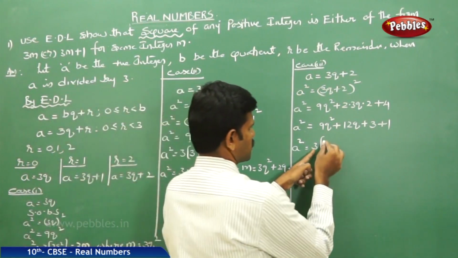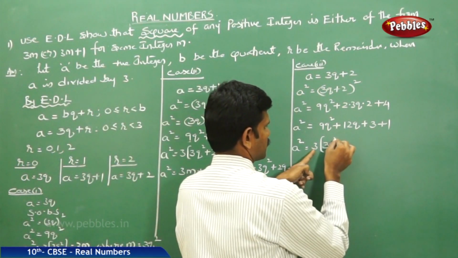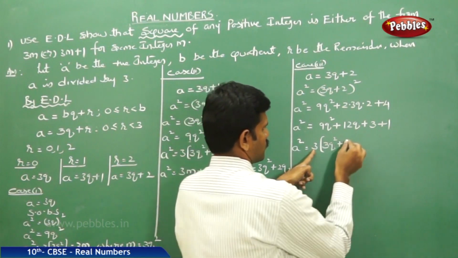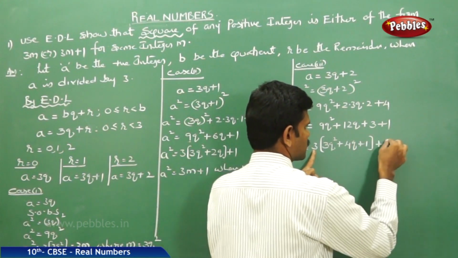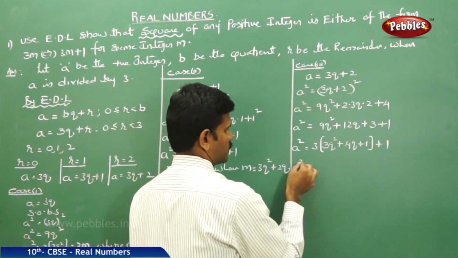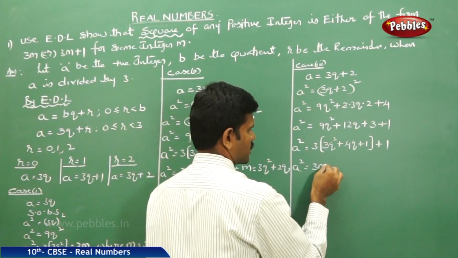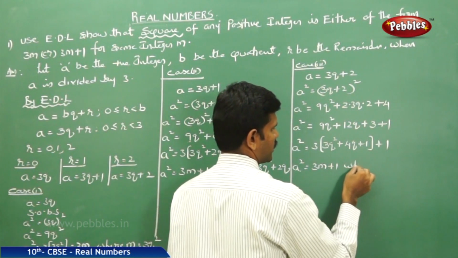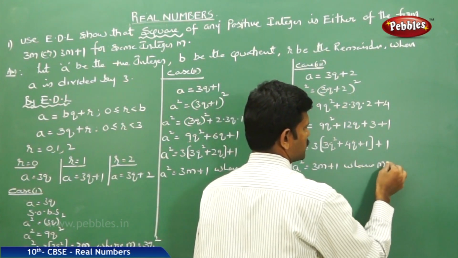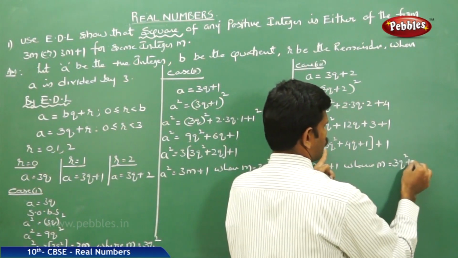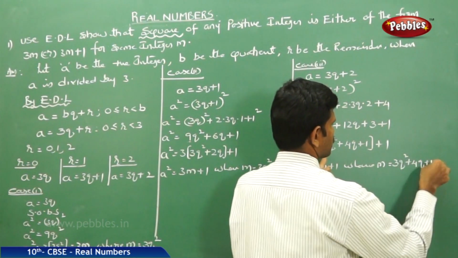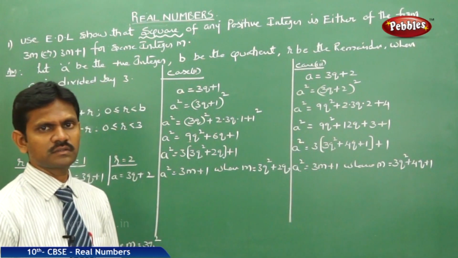Now if I take 3 common, 3q square plus 4q plus 1, plus 1. Therefore a square is equal to 3m plus 1, where m is equal to 3q square plus 4q plus 1, where m is some integer.